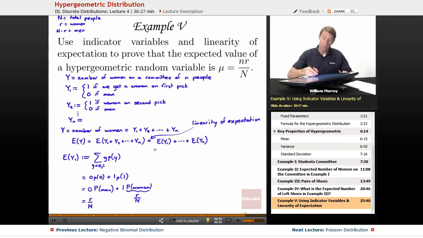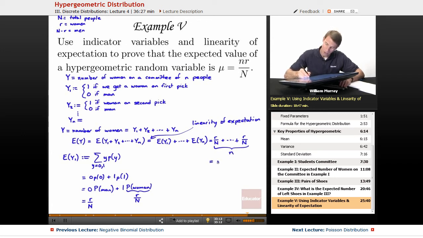But now we can say that all of those indicator variables have the same expected value. So each one of these is little r over capital N, and there are little n of these variables.